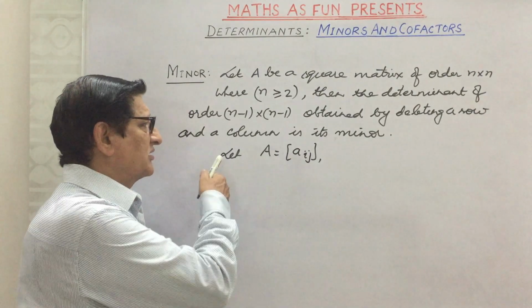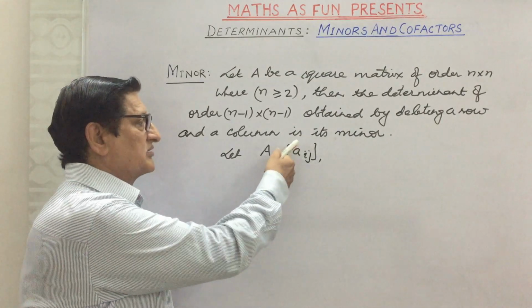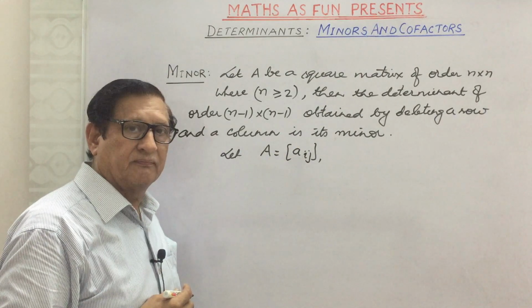To understand it more, let's take a square matrix A. The elements are represented by Aij.